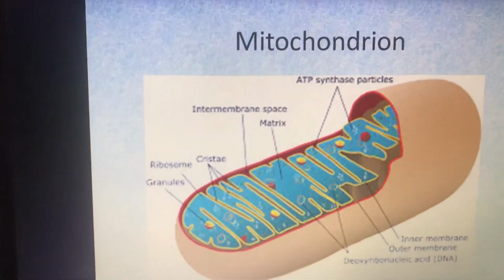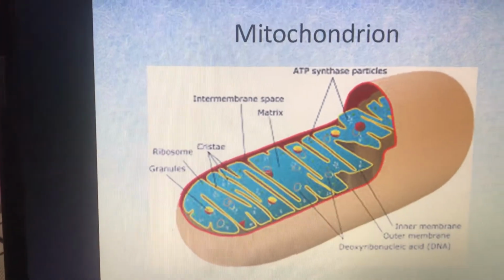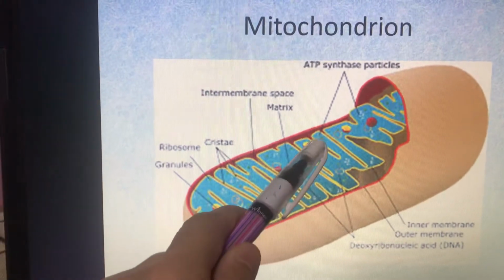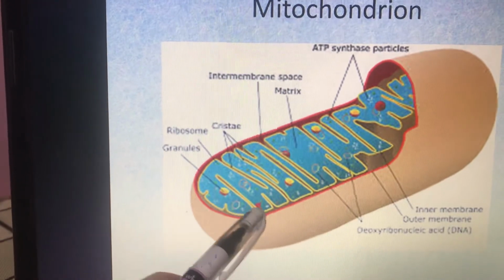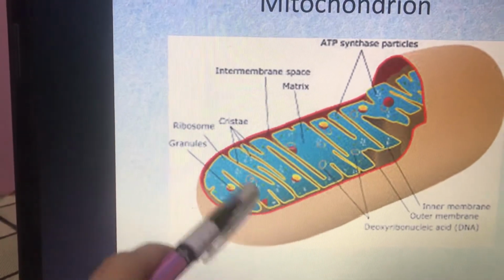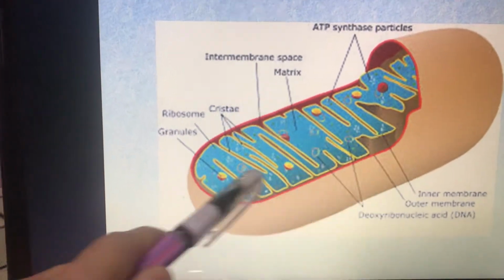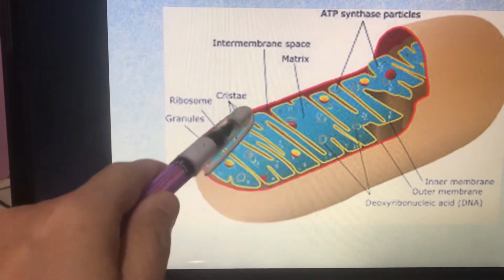Next is mitochondria. Now it is a very important cell organelle because it produces energy. You can see here it contains two layers. One is the inner layer and one is the outer layer. The outer layer is smooth and porous, whereas the inner layer, here different folds can be seen.